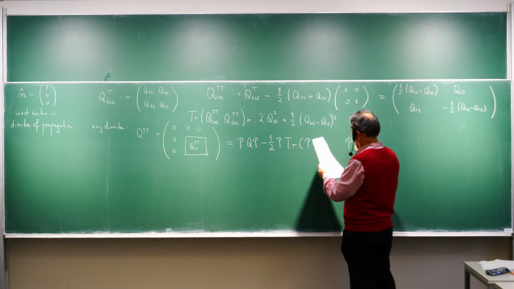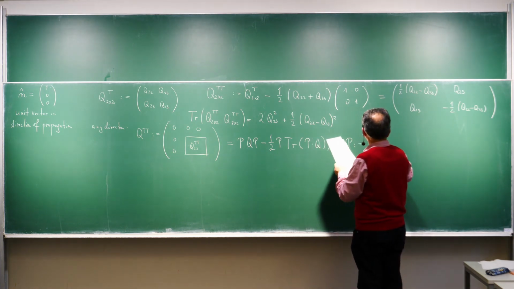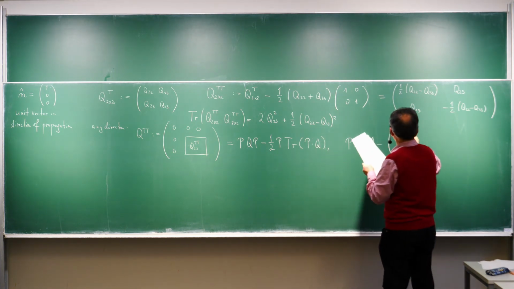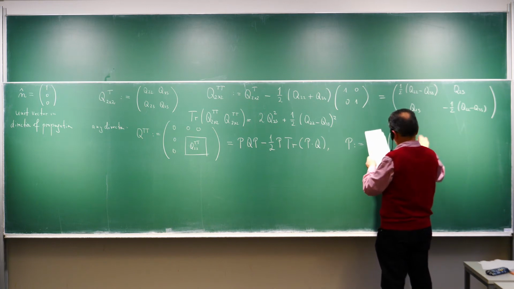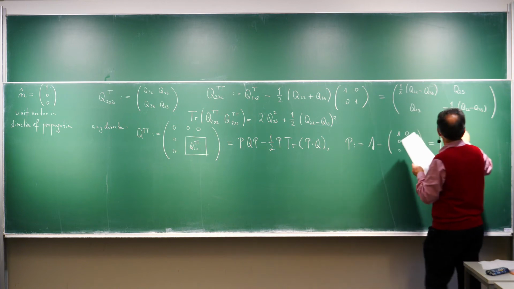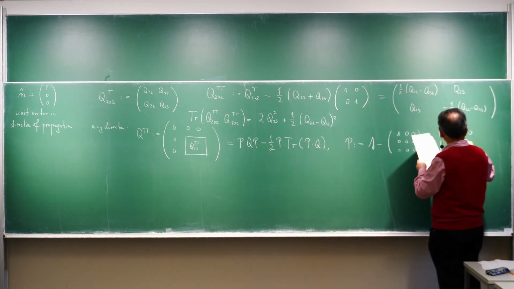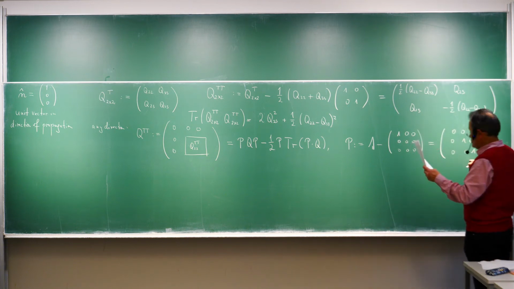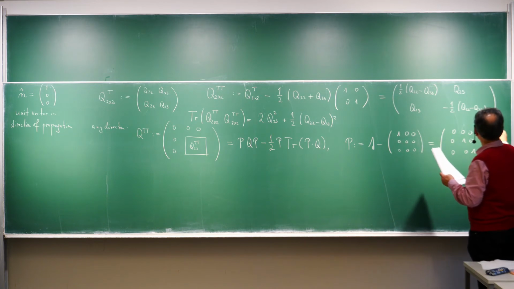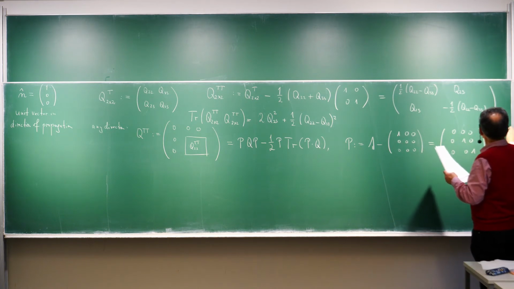P is defined as 1 minus the matrix with 1, 0, 0 in the first row and zeros elsewhere, which is 0, 0, 0, 0, 1, 0, 0, 0, 1. So you see it projects orthogonal to the x direction. So this is a projector orthogonal to the x direction.